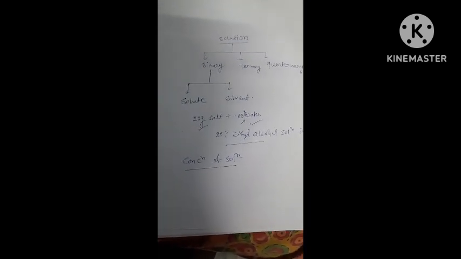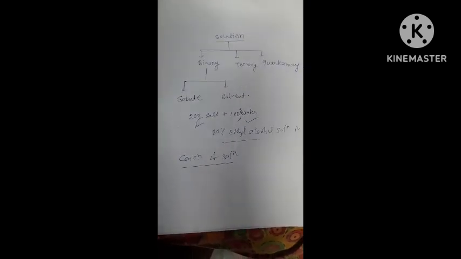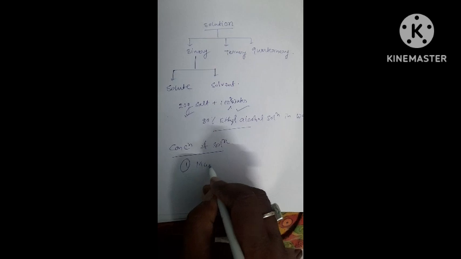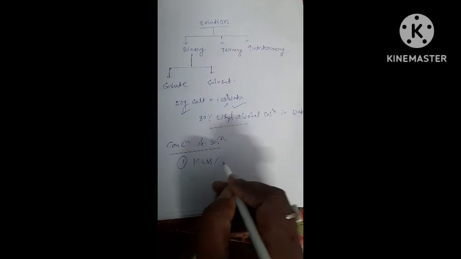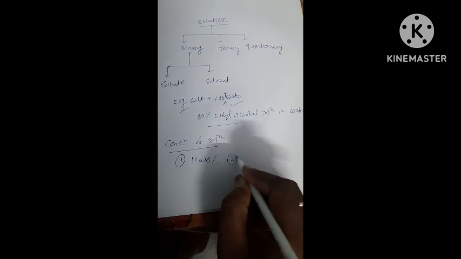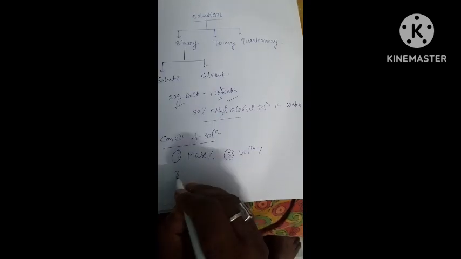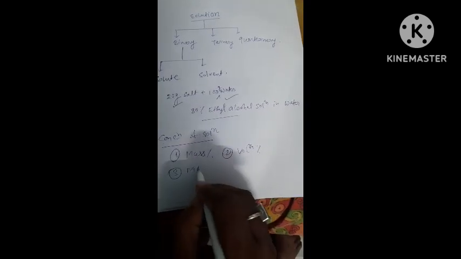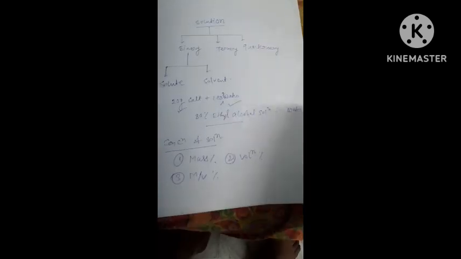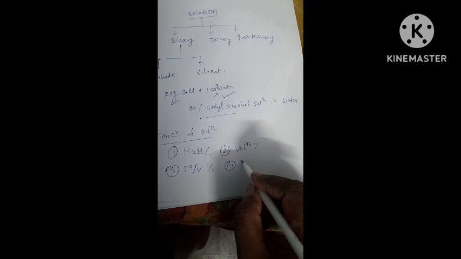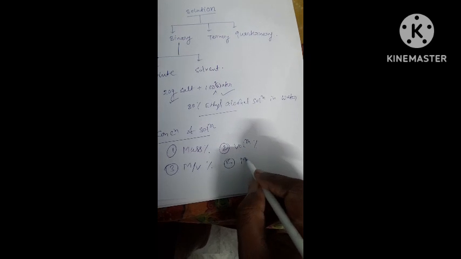And for expressing concentration of solution, various methods are available. So one such method is the mass percentage concentration of solution. Then second method, it will be volume percentage concentration of solution. Third, it will be mass by volume percentage concentration. Fourth, it will be the molarity.